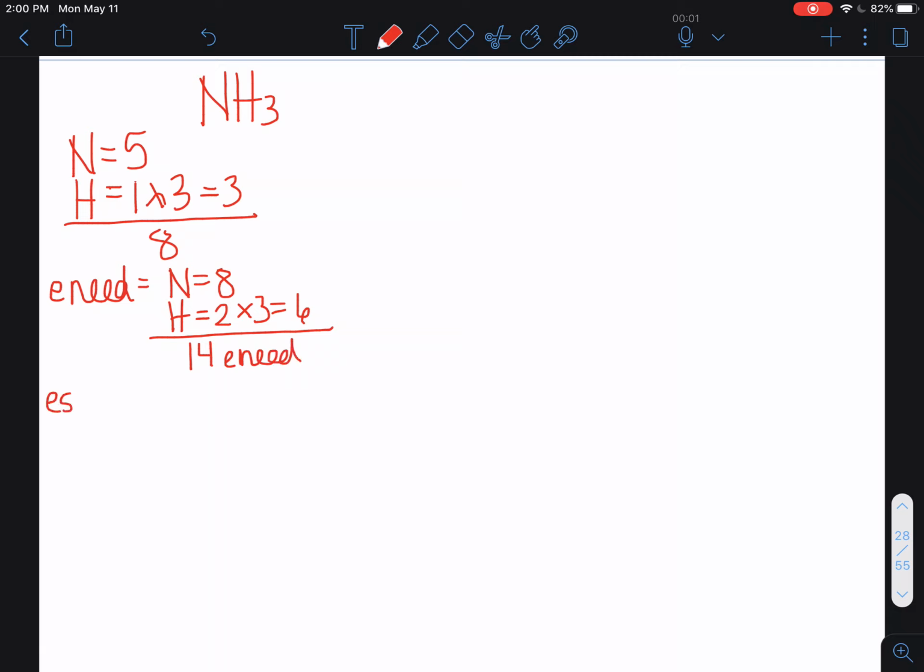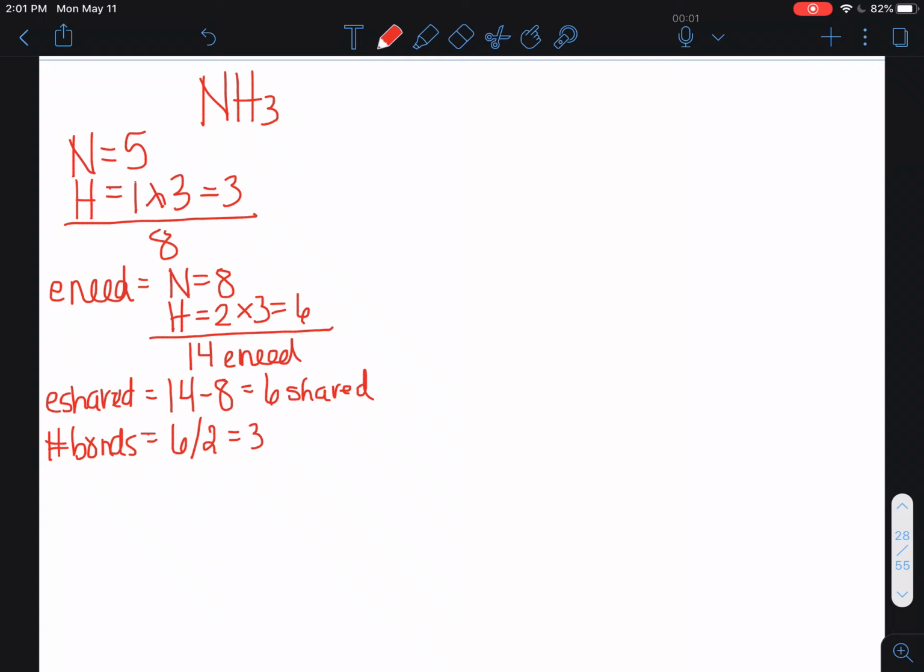Our E shared is going to be 14 minus 8, which gives us 6 shared. And then our number of bonds is going to be 6 divided by 2, which is 3 bonds.